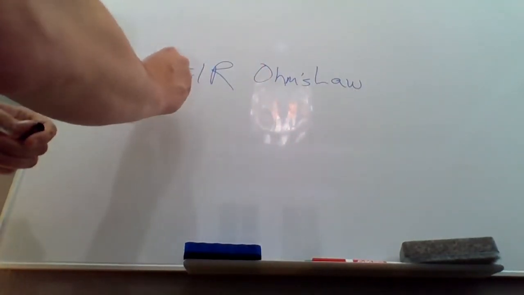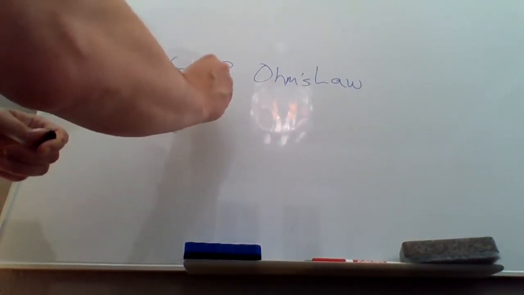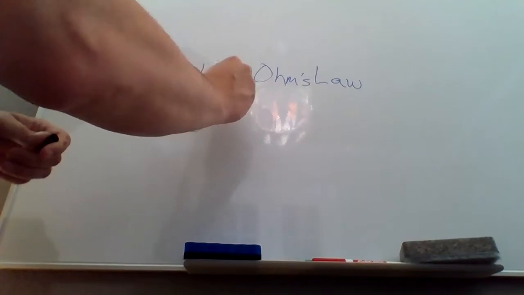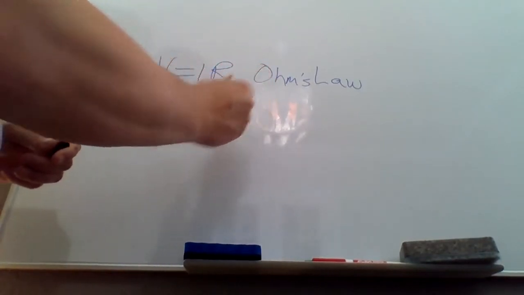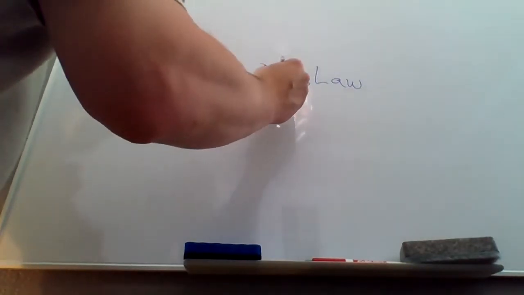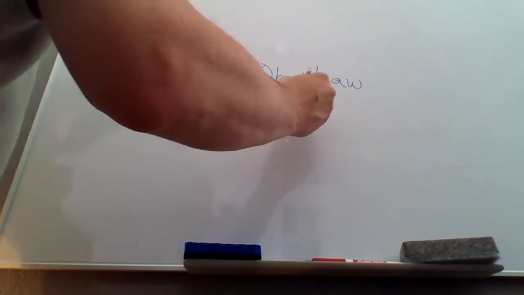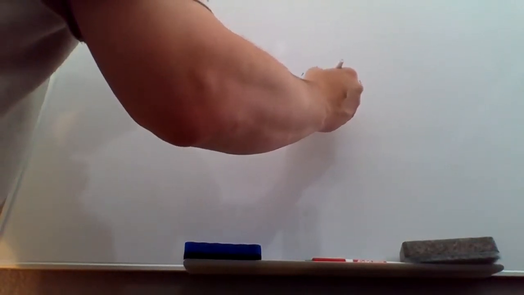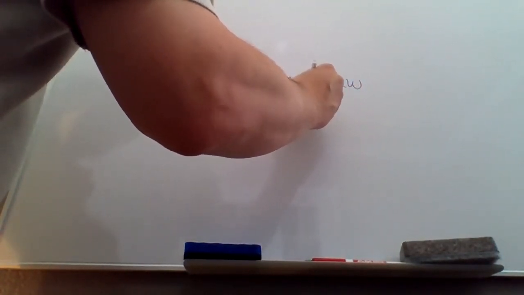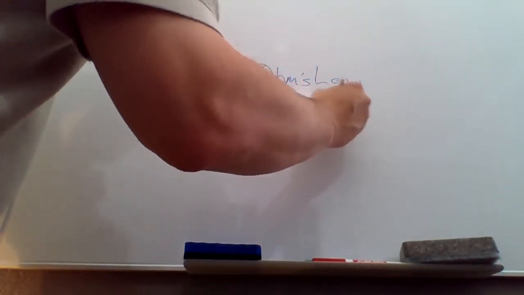Now, I is defined as the current, which also equals the amount of charge over time. So the units are coulombs per second.